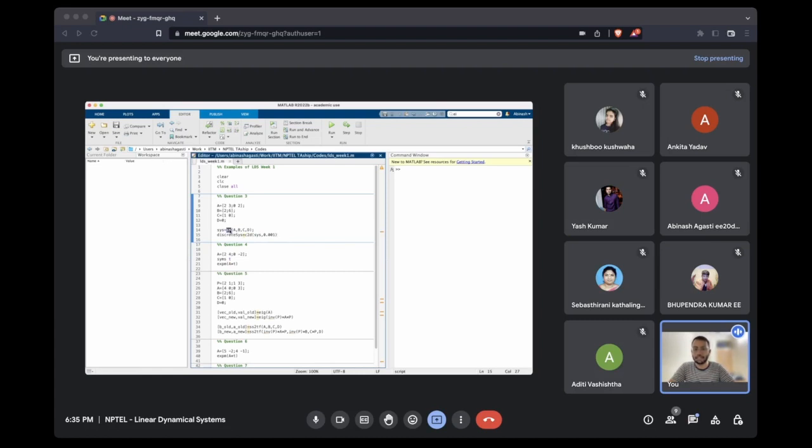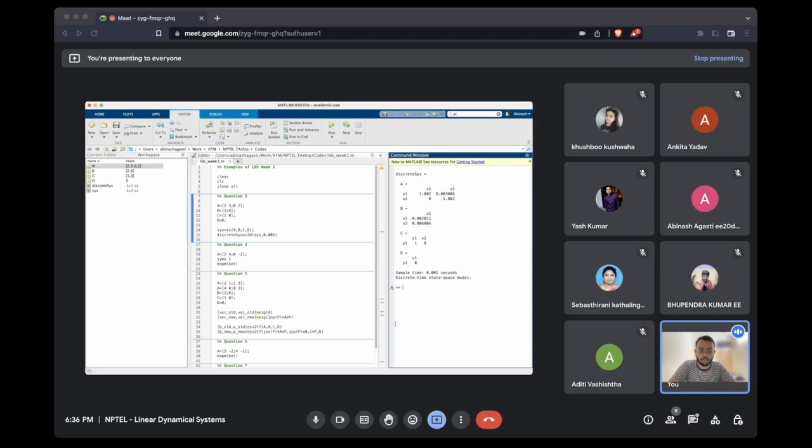For this ss function, you put in the brackets and just plug in A, B, C, D, which are the four corresponding matrices. Then you'll get the system. Wait, just one minute. So you can see this is the original system in continuous time. [2 3; 0 2] is the A matrix, [2; 6] is the B matrix, and these are some C and D matrices.